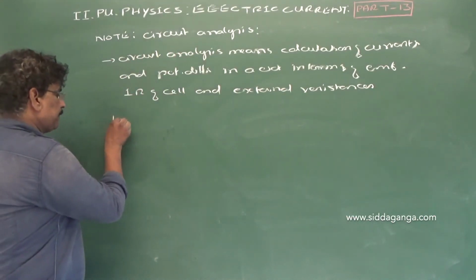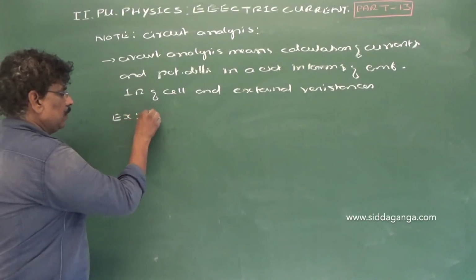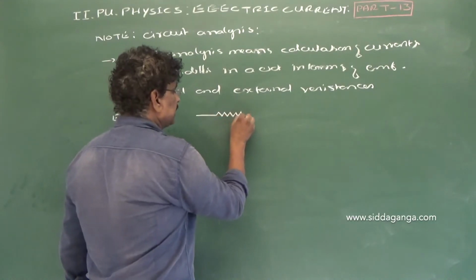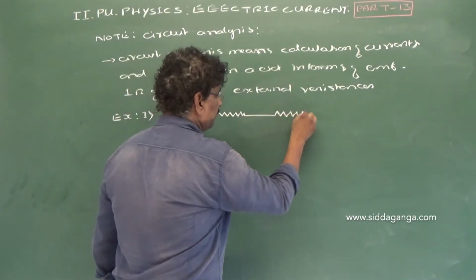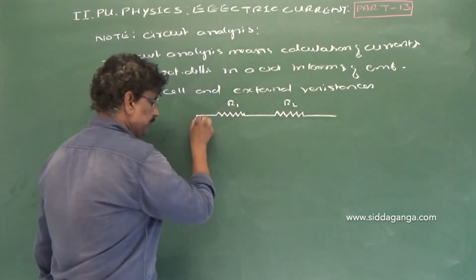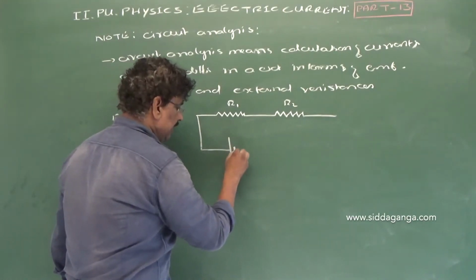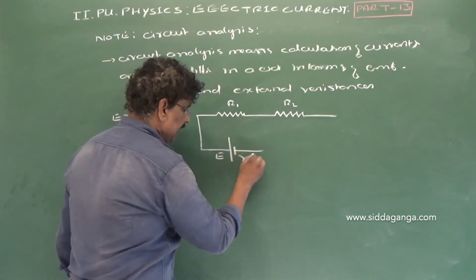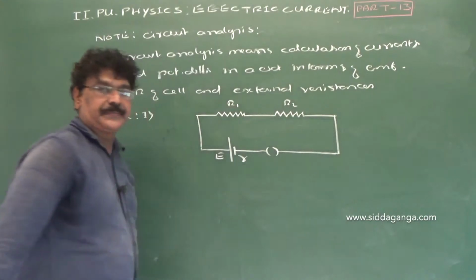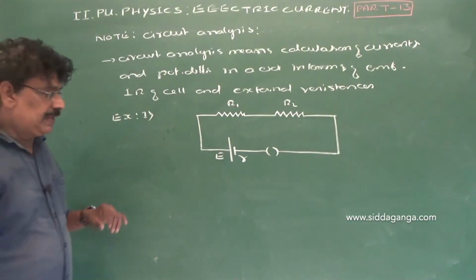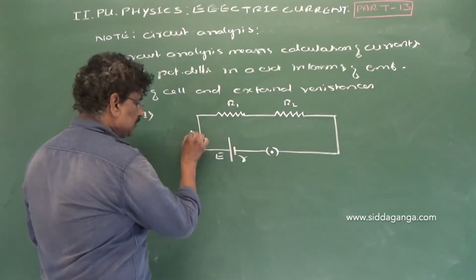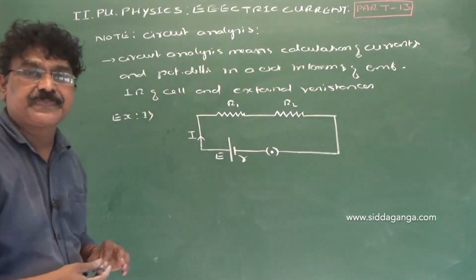Suppose we take example 1. Now we have a circuit. So R1, R2 connected to a cell of EMF E, internal resistance R. When the circuit is closed, a current flows through the circuit.